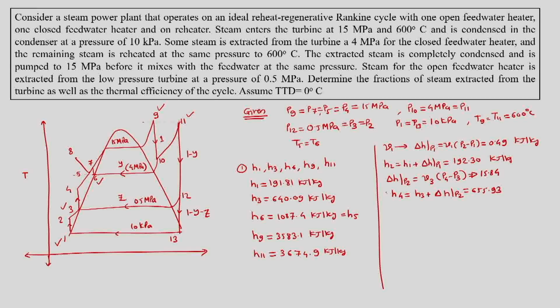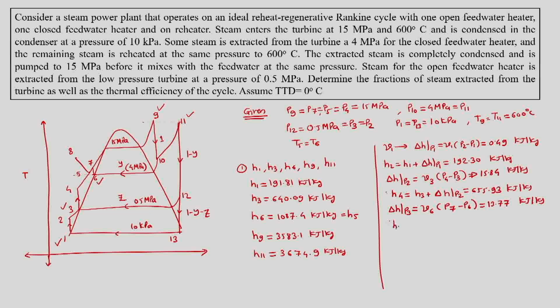Knowing all these things, now we can move ahead and find out H7 also. For that we can get delta HP3, which is specific volume at 6 into P7 minus P6, and this gives us the value of delta HP3 as 13.77 kilojoule per kg.